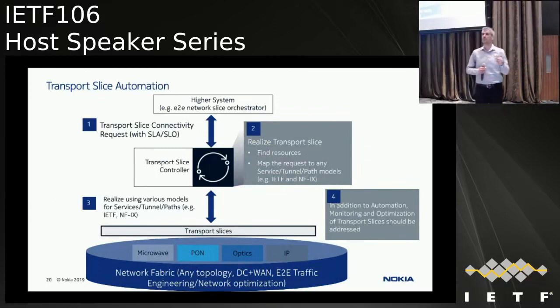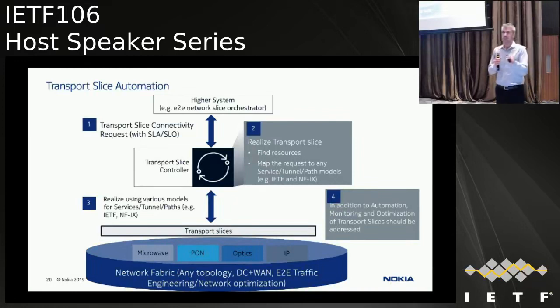We need to do the monitoring and closed loop. For those, we need to have some information on how this transfer slice connects to the end-to-end network slice, and which customer is requesting it. Using this information helps us to do the assurance, the monitoring and the optimization of the transfer slices.